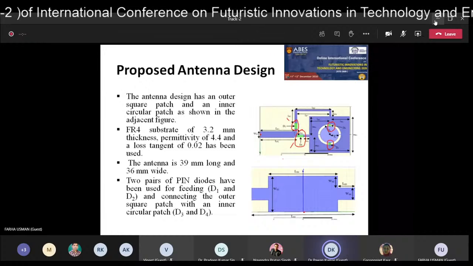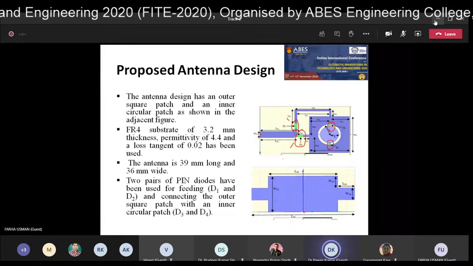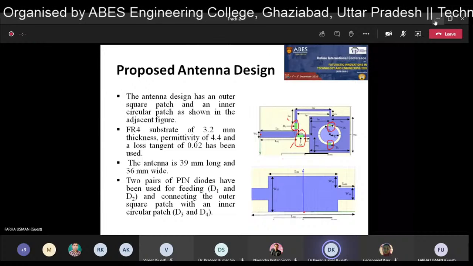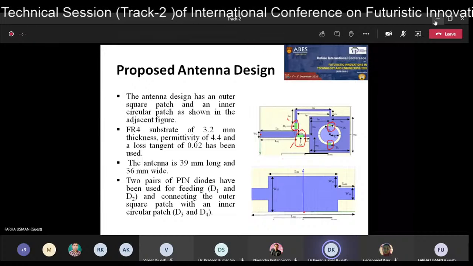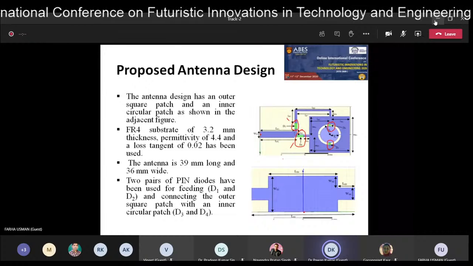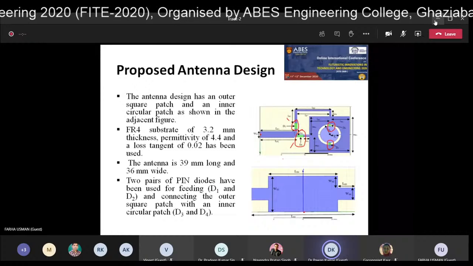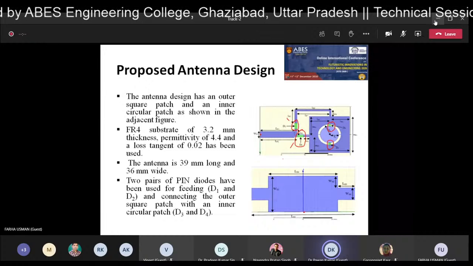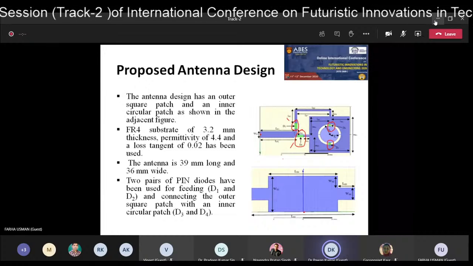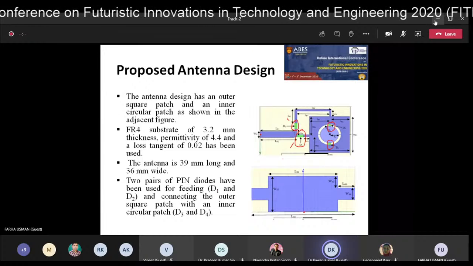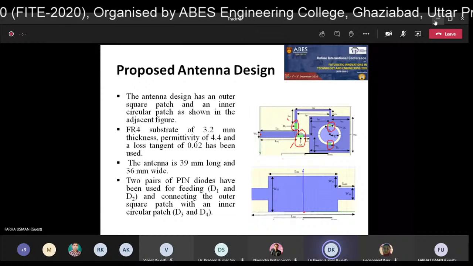That antenna is producing circular polarization, and my antenna is producing the rest of the two types, that is linear and elliptical. This is the only difference, that my antenna is not giving circular polarization. If I would like to produce circular polarization, then I have to use more than 4 PIN diodes.